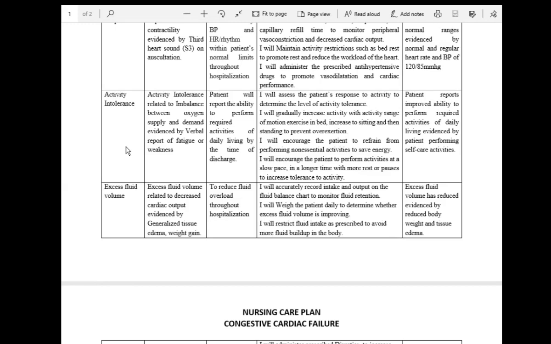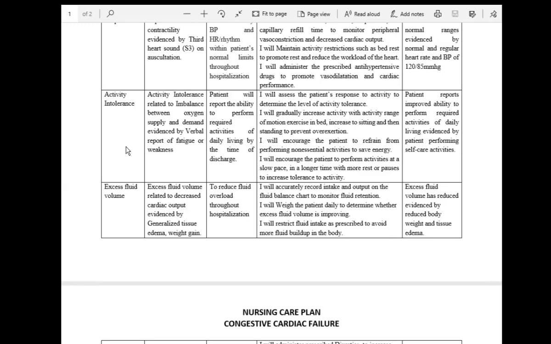We move to our evaluation. Patient reports improved ability to perform required activities of daily living, evidenced by patient performing self-care activities.